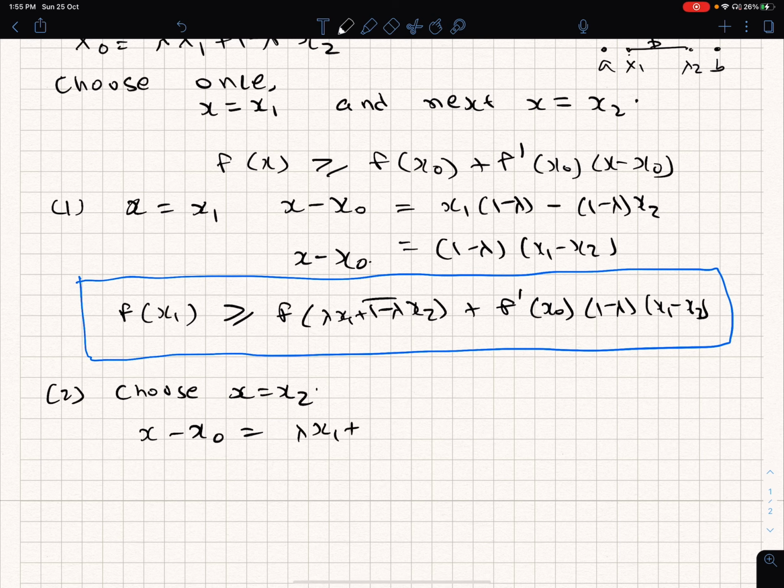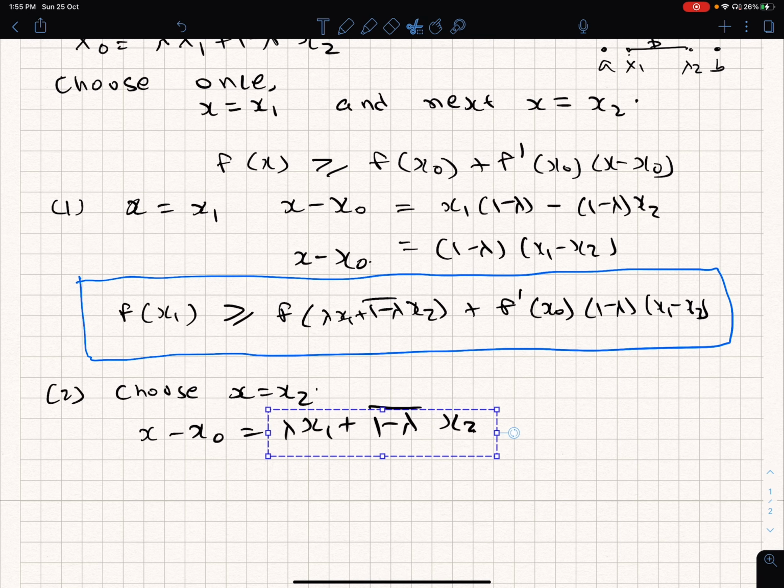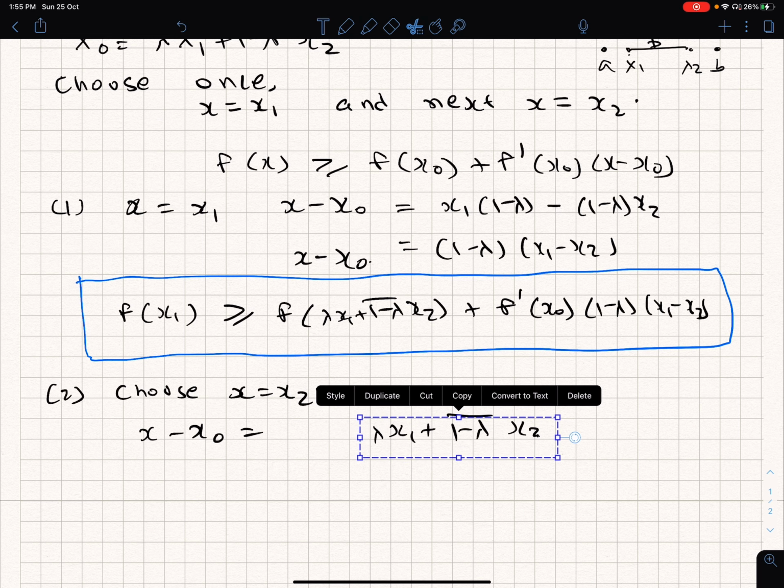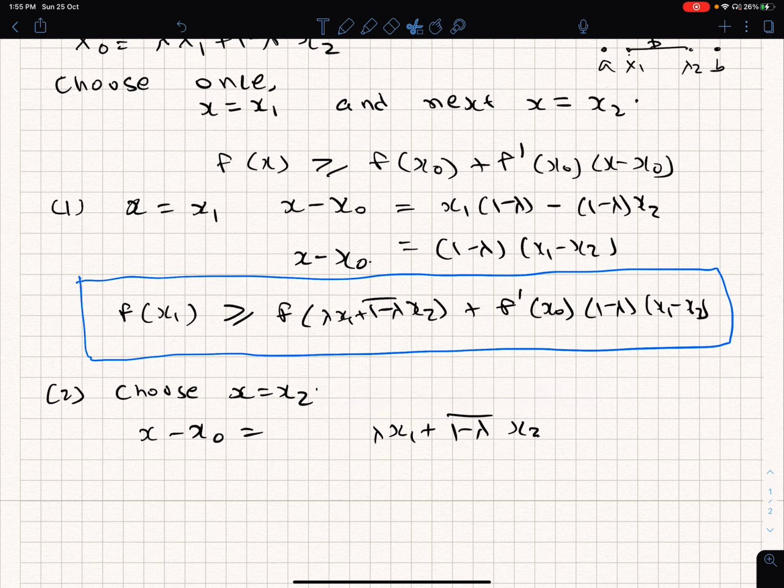It is x2 minus lambda x1 plus 1 minus lambda x2, which is the same as, if you look at this now, x2 will cancel with x2.